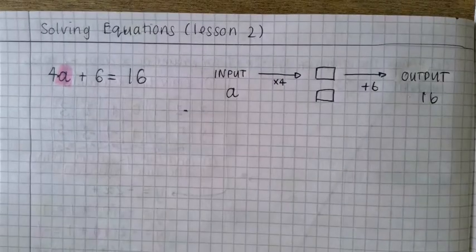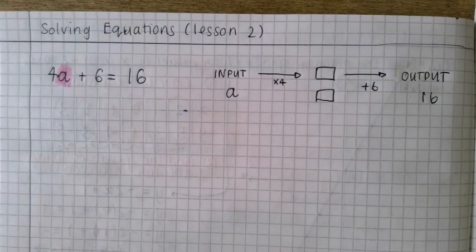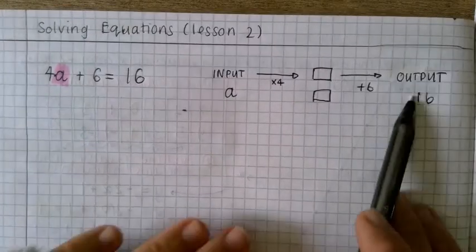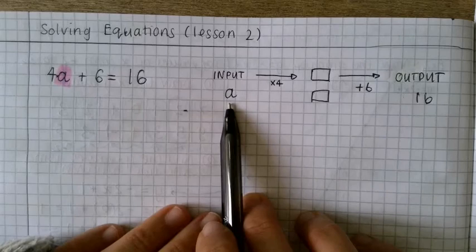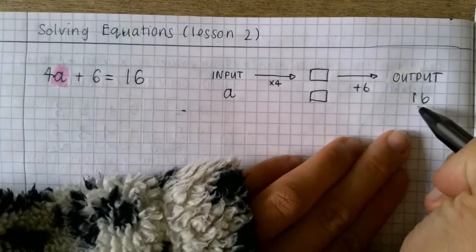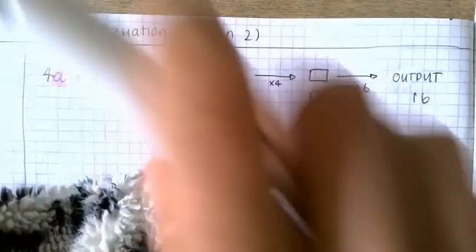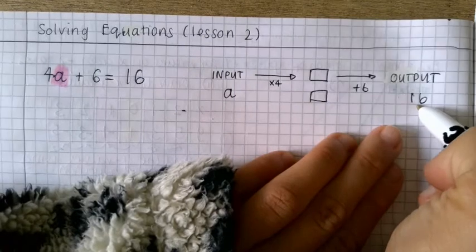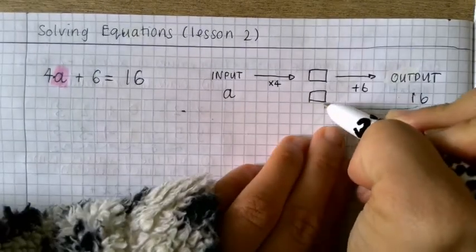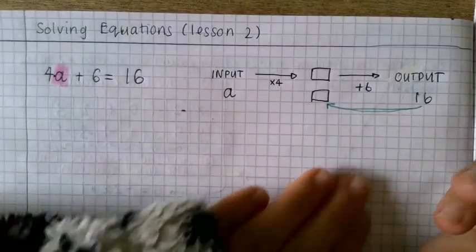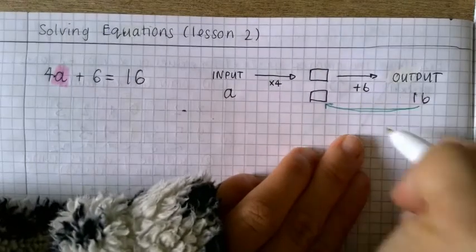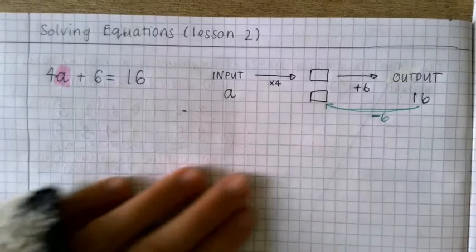Hopefully you remember from primary school that if you have the output of a number machine, you can work backwards to get back to the input. To get back to the input we do inverse operations. To go from 16 back to this middle number that we don't know right now, we do the inverse of add 6, so we take away 6.